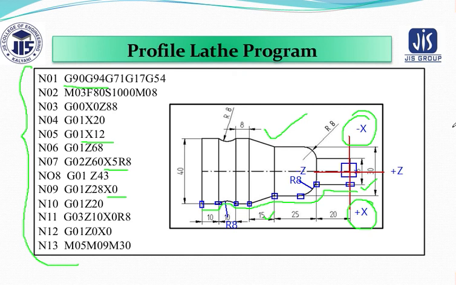So wherever you want to change a dimension, if you want R5 instead of R8, I put R5. If you don't want a 15 millimeter distance but 20 millimeter, I change the distance. So only certain coordinate values will be changed, not the entire program setup. So absolute mode is always preferred for this type of job.